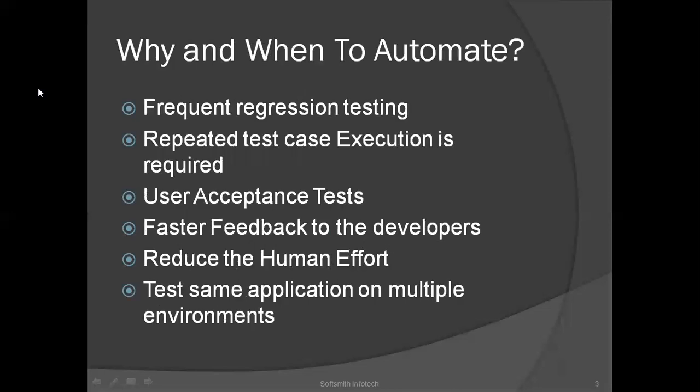Why and when to automate? If it is frequent regression testing, as I said. Suppose there is a web application that has 5 modules, and the five modules will be released in 5 cycles, page by page, as we discussed in manual testing. Each cycle consists of one module.